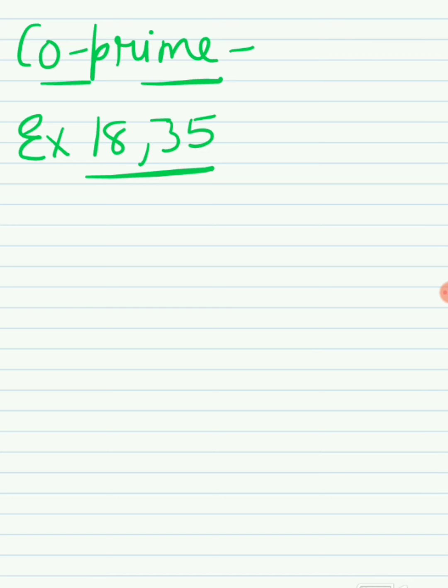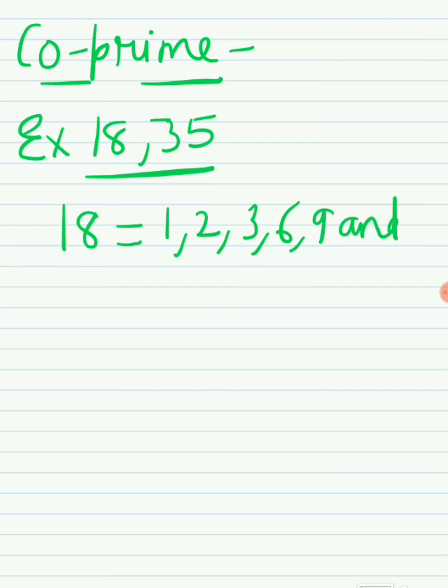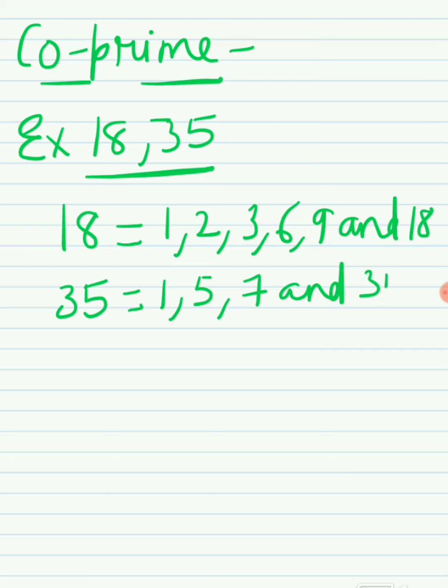So how to solve? We can write the factors of 18. You know what the factors of 18 are: 1, 2, 3, 6, 9 and 18. And write down the factors of 35. The factors of 35 are 1, 5, 7 and 35.